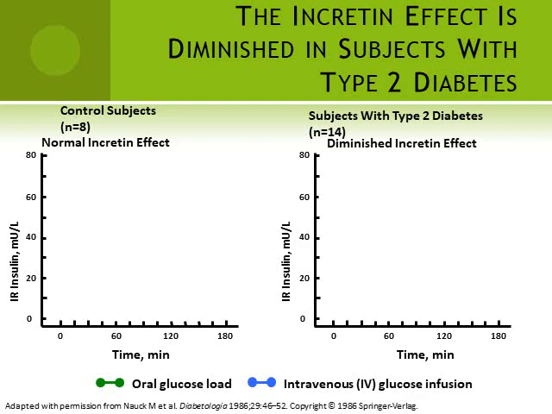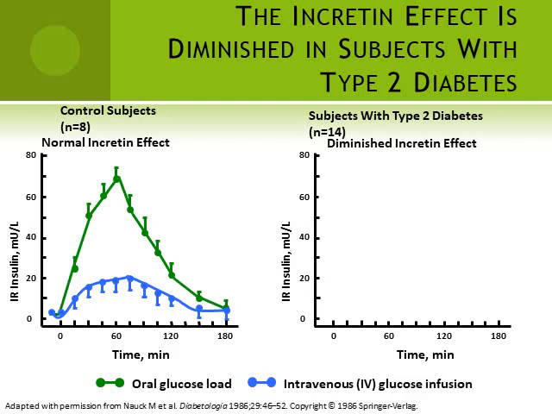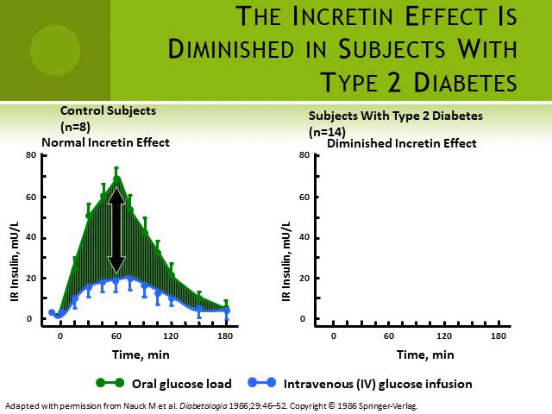So as shown in this graph, when the patient is injected with a certain amount of blood glucose, the level of insulin is shown in this blue line. But once the same amount of blood glucose is given orally, the amount of insulin is clearly shown here in the green line, and the difference you can well imagine, which is shown here, and the difference between the two is known as the incretin effect.